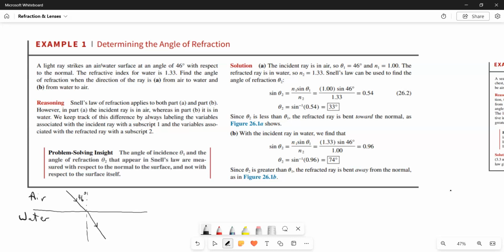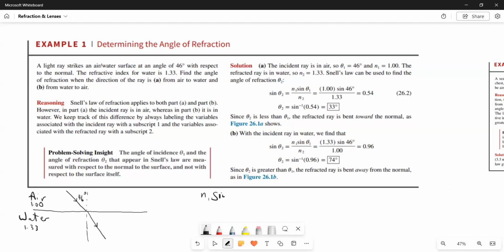Clear? Yes, sir. So for air, we're going to use 1.00 as the refractive index, and the index for water is 1.33, right? So we know that formula. Remember the formula. What was it?